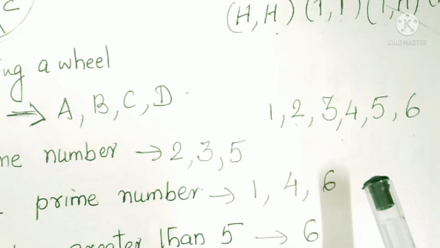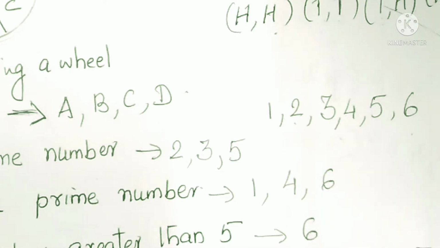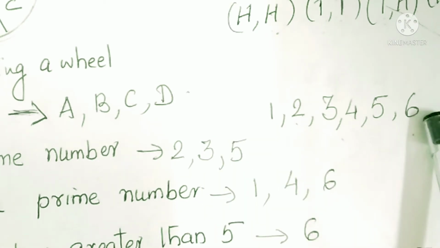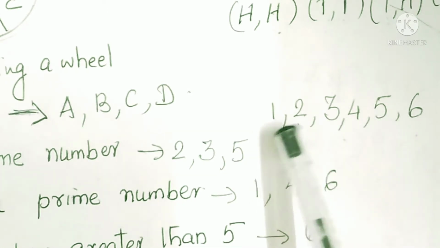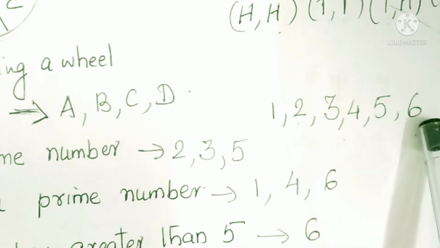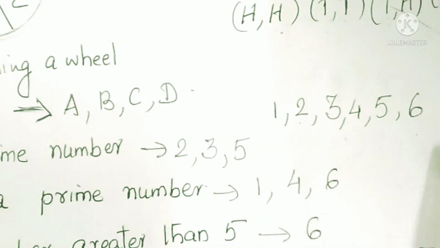You know what is a die? When you play snake and ladder, we use that cube in which all faces will have one number, from 1 to 6. So which are the total outcomes? 1, 2, 3, 4, 5, 6. These are the possible outcomes.